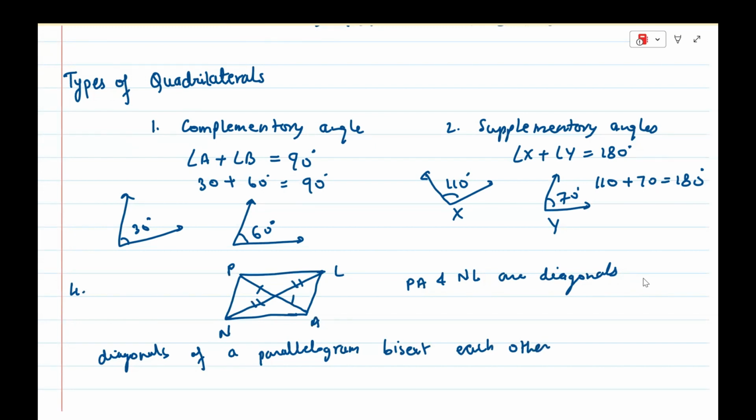It means if they intersect, suppose PA and NL, the two diagonals, meet at O. So PO and AO, the two parts of diagonal PA, and also NO and LO, the two parts of diagonal NL, correct? So these two parts are equal, meaning NO is equal to OL, PO is equal to OA. This is true for any parallelogram. If it is a parallelogram, this property is going to be true.